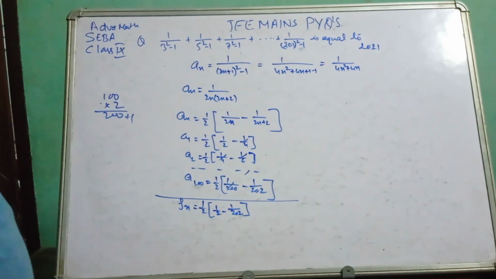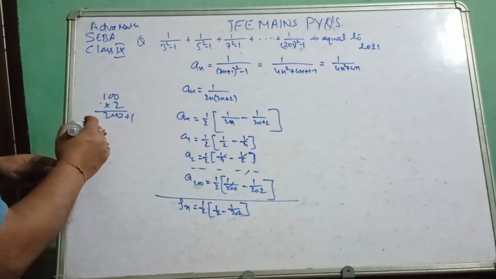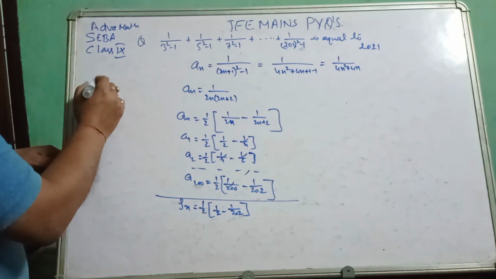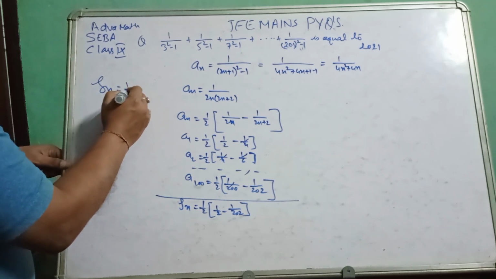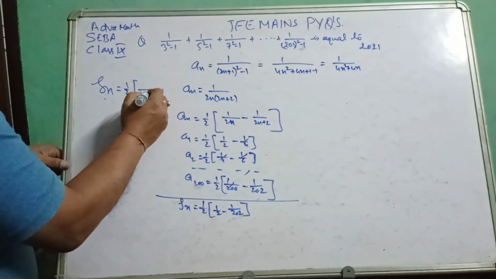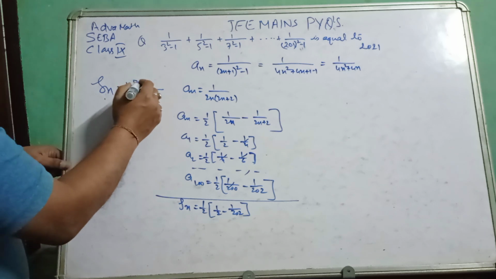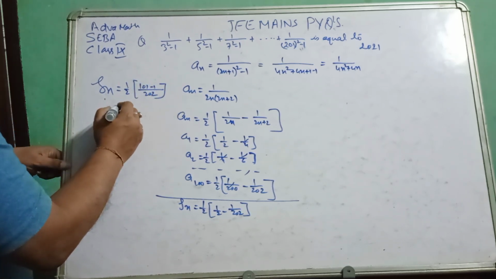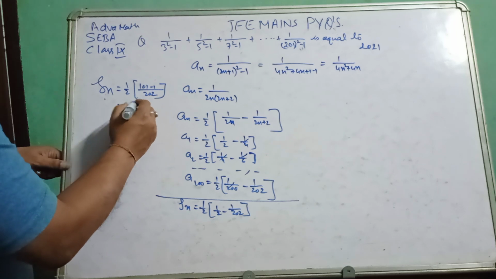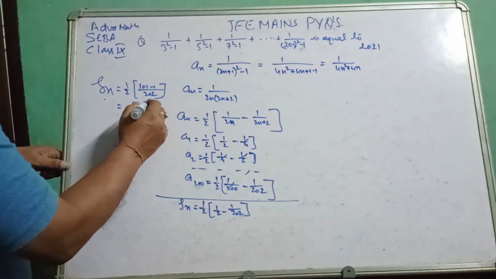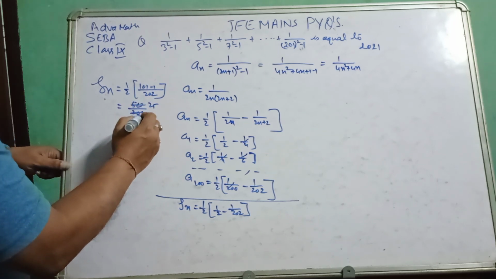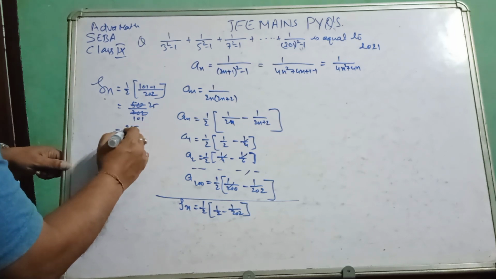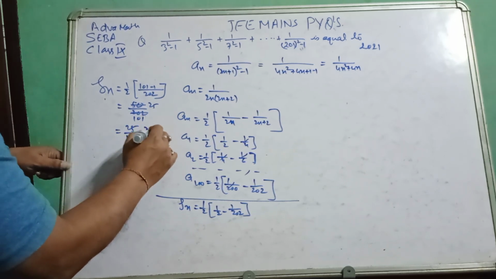So your Sn will be equal to 1 by 2, and 202 is your LCM. So 101 minus 1, so this will be 50 by 202. So 25 by 101. This will be your answer.